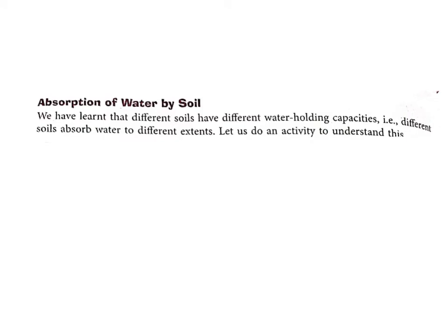Now the next property is absorption of water by soil. We have learned that different soils have different water holding capacity. That is, different soils absorb water to different extents. To understand it, we have to do an activity. So let's do it.